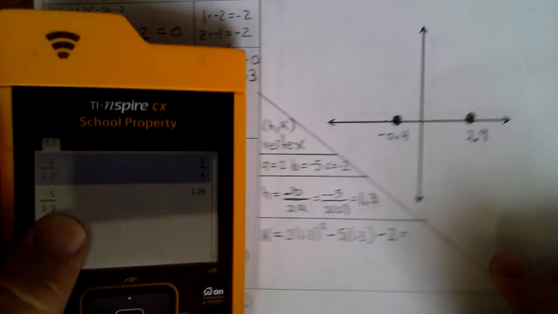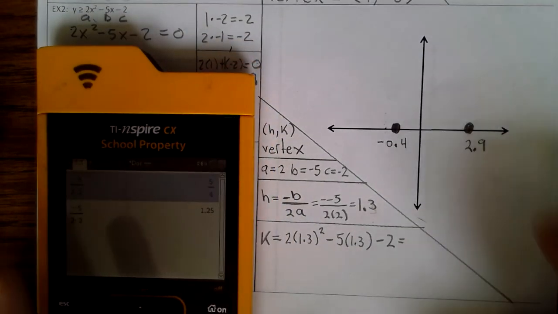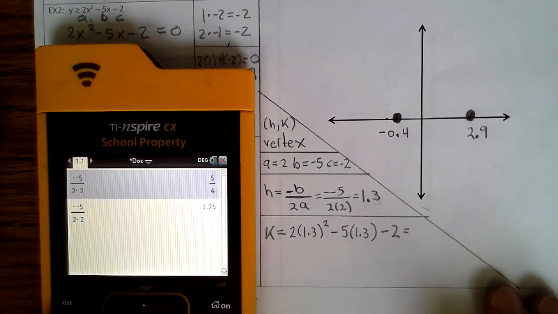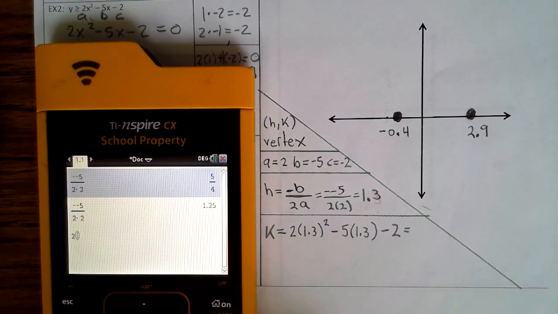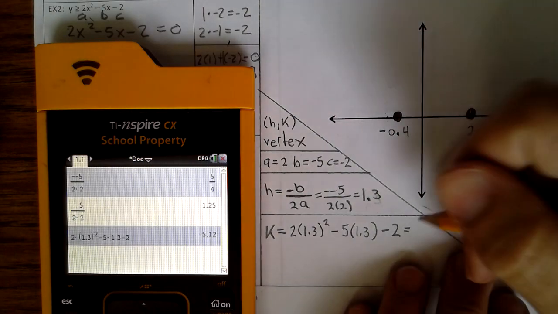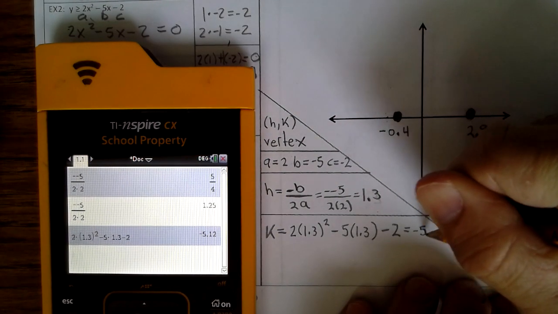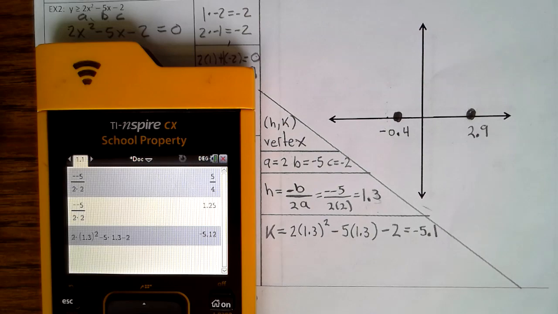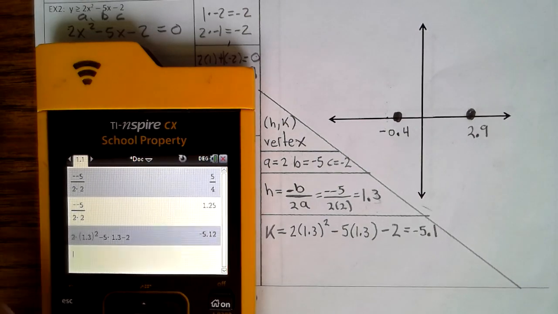So again, let's just use our calculator. Okay, so then that's 2 parentheses 1.3 squared minus 5 times 1.3 minus 2, and that'd be negative 5.1.